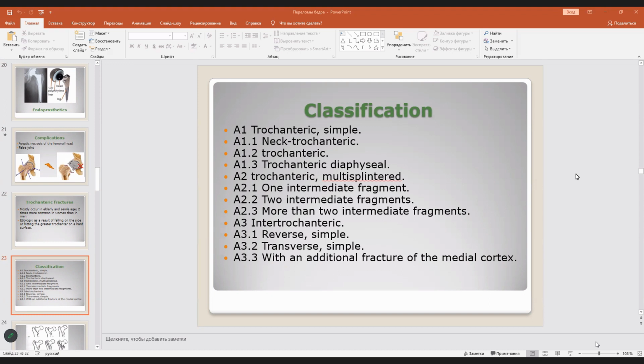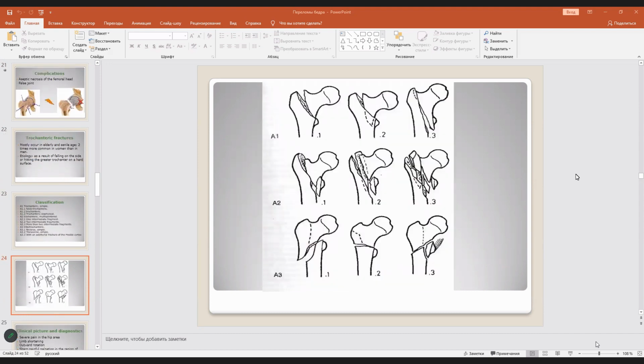A3.1, reverse simple. A3.2, transverse simple. A3.3, with an additional fracture of the medial cortex. And the picture, for example.